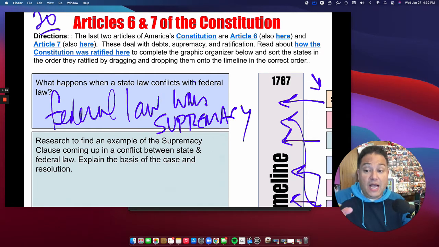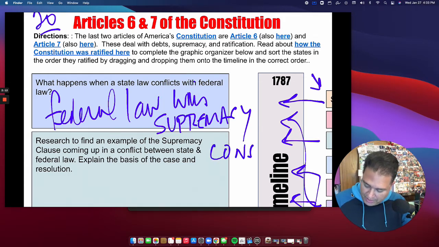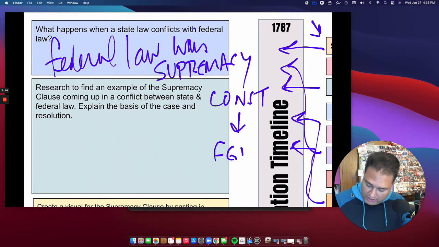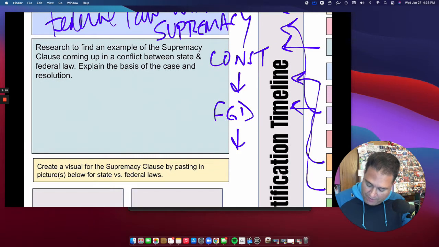Now, I will tell you this: if the federal law is conflicting with the Constitution, then you could argue that the state law is actually better because the Constitution is above all else, right? So you've got the Constitution above all else, and then you have federal laws, and then you have state laws.